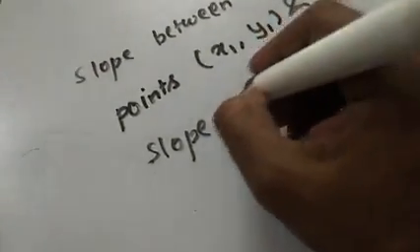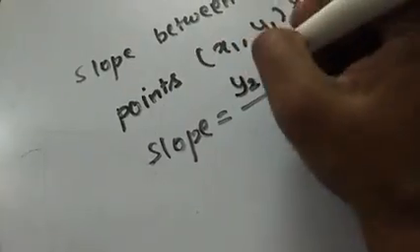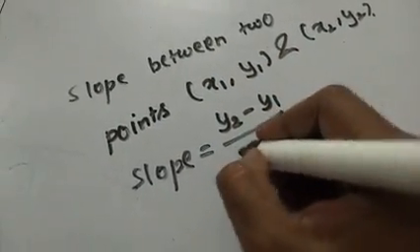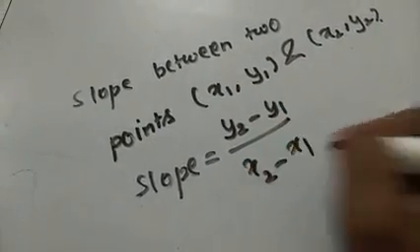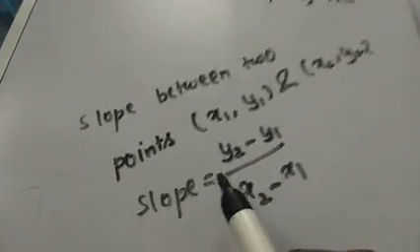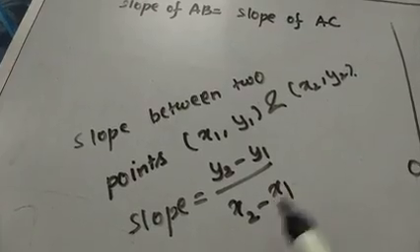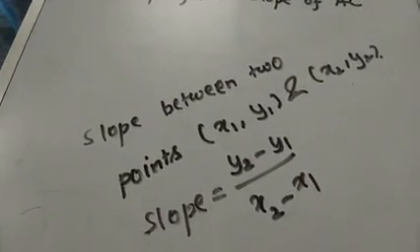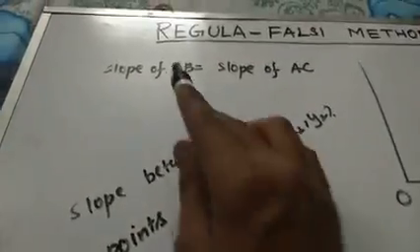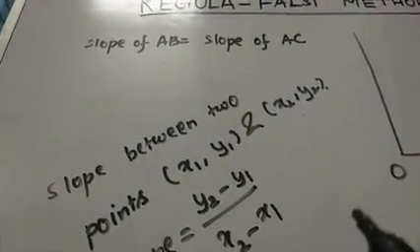Slope is, remember the formula, y2 minus y1 by x2 minus x1. Remember this formula. So we will use this particular formula here to find the slope of AB and the slope of AC.